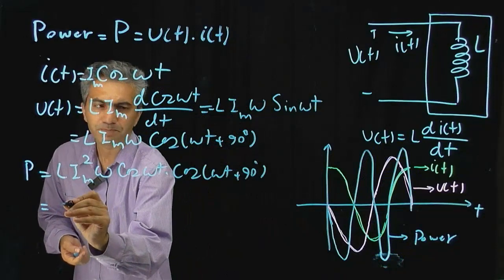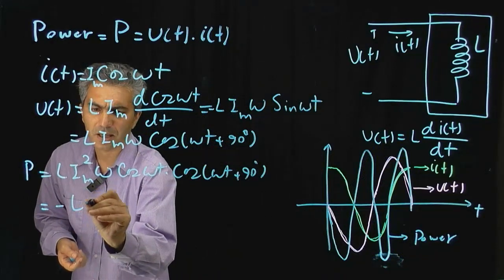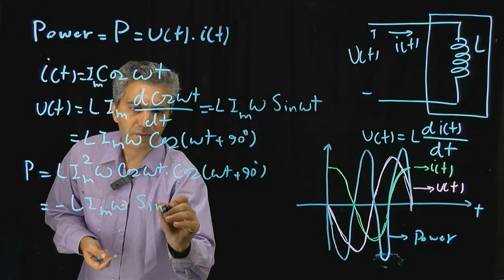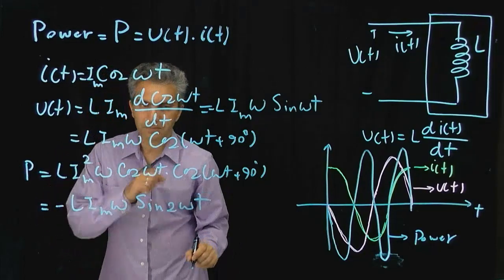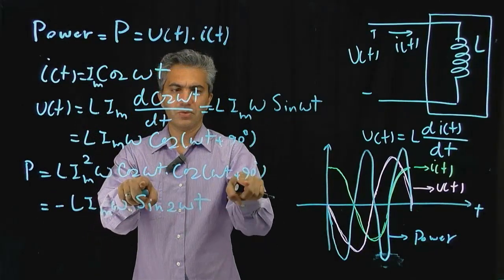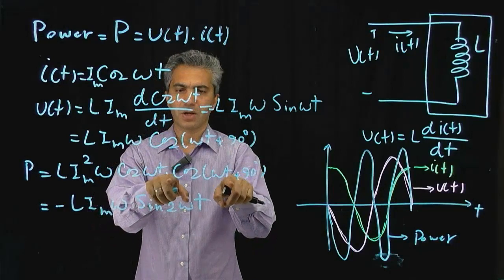So I can actually simplify this equation to this form. It becomes minus L Im squared omega sine of 2 omega t. It's basically 2 cosine alpha times cosine beta.